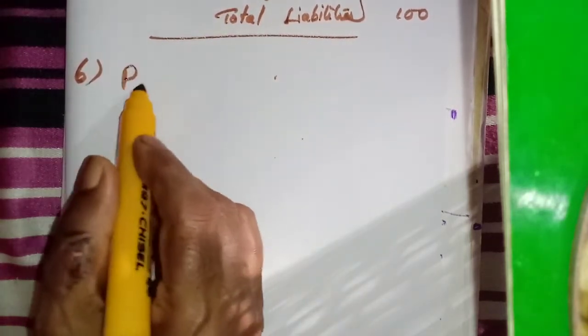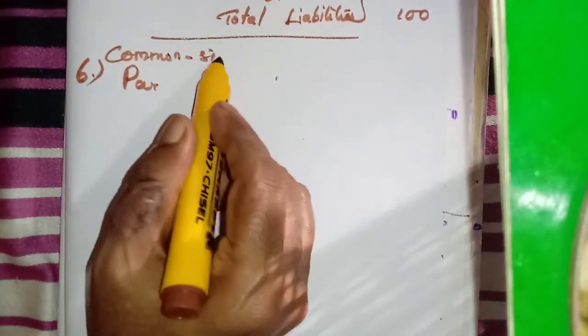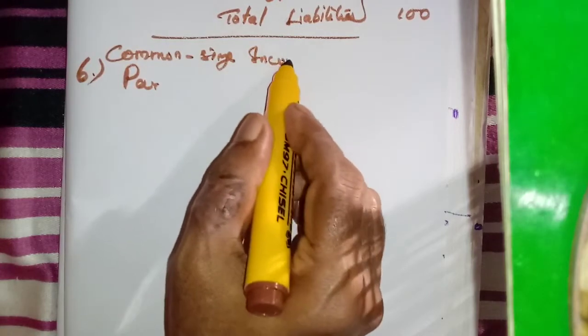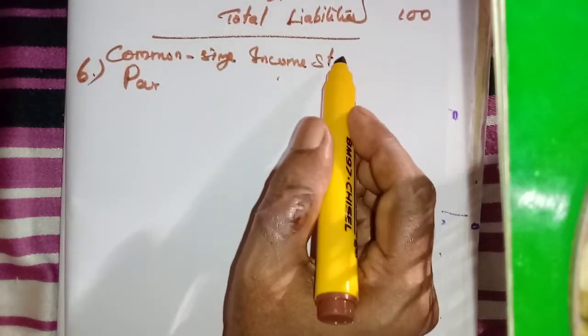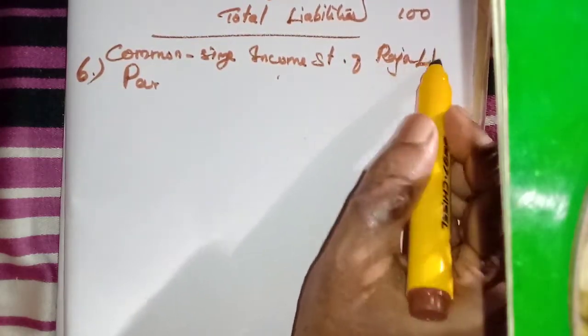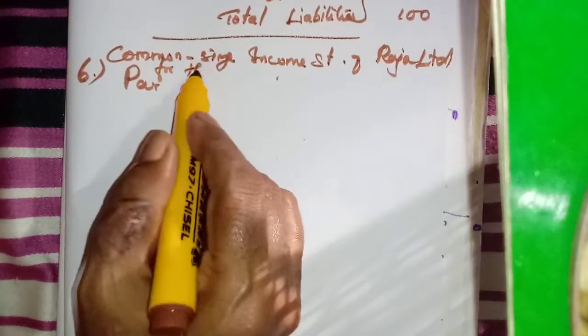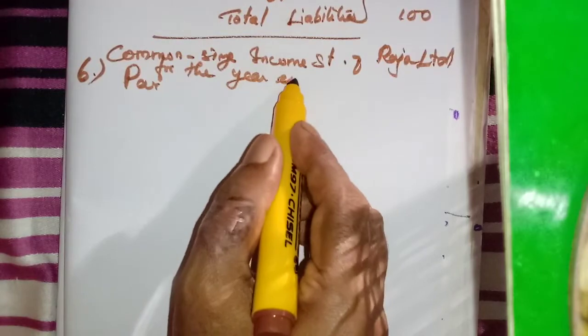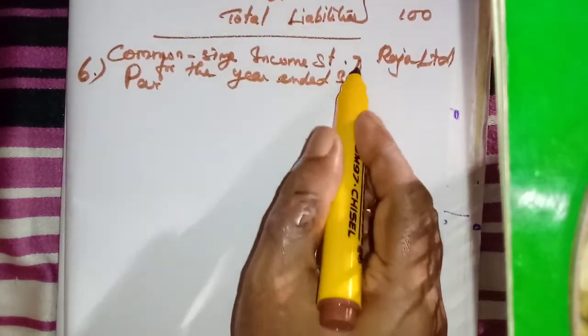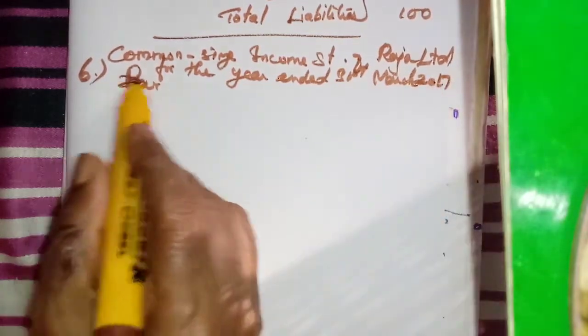Then particulars. So how to write the heading? Number we have written, next the heading: Common size income statement of Raja Limited for the year ended 31st March 2017.